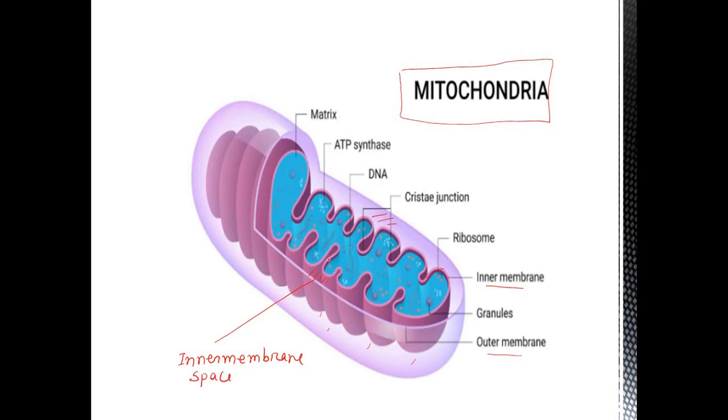Now the inner membrane is folded and forms finger-like structures, and it helps in increasing the surface area in the mitochondria, and this finger-like projection of the inner membrane is called cristae.